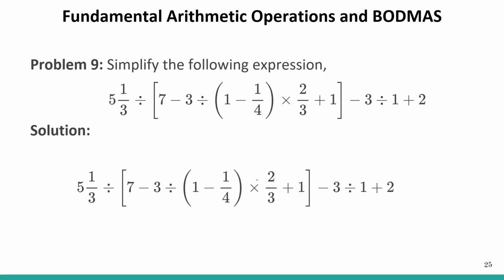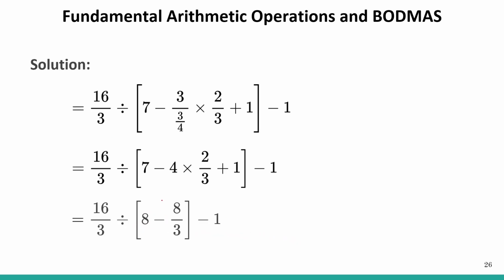Okay, let's see. If we go with the BODMAS rule, first bracket, then exponent, then division, then multiplication, addition, and then subtraction, right? So we go for brackets first. This and this needs to be solved first. First we remove the first bracket and then we are left with this one.